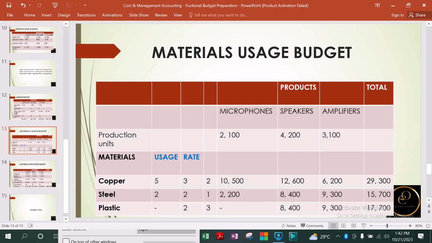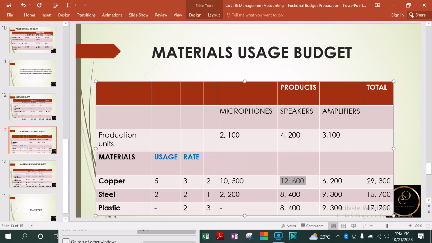So 5 times 2,100 will give you 10,500. Then 3 multiplied by 4,200 will give you 12,600. Then 2 multiplied by 3,100 will give you 6,200. So this is how these products are going to use up kgs of copper, such that at the end of the program we are going to use a total of 10,500 on microphones, 12,600 on speakers, 6,200 on amplifiers.